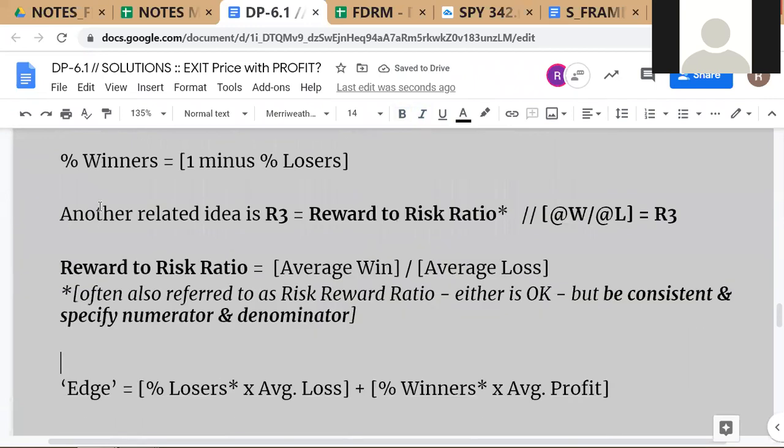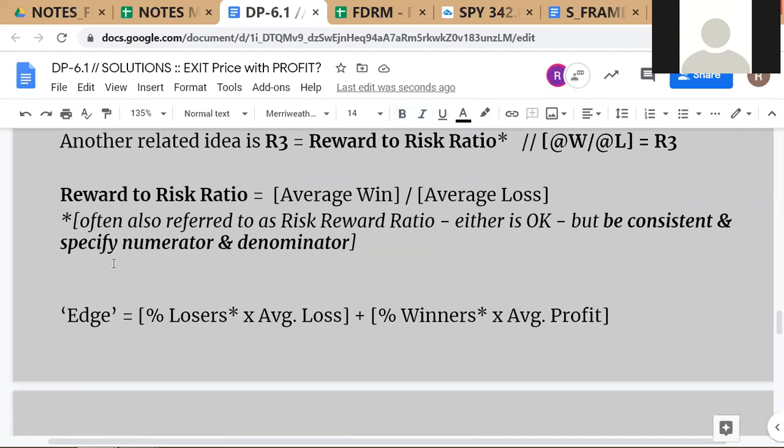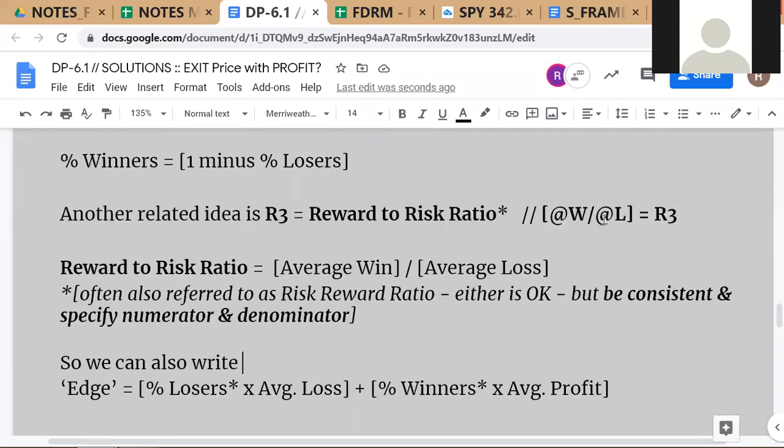Once we know what R3 is, all I'm doing now is replacing average profit with R3. Look at this, average win by average loss is equal to R3. So I can say that average win is equal to R3 times average loss.